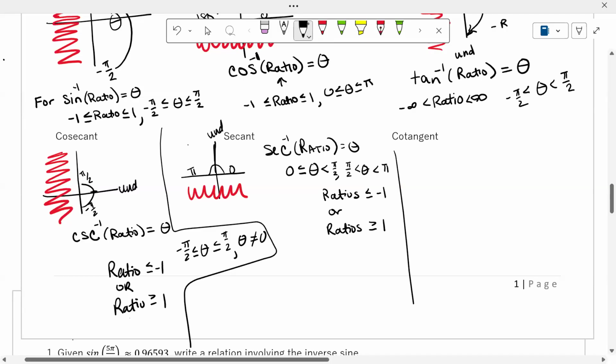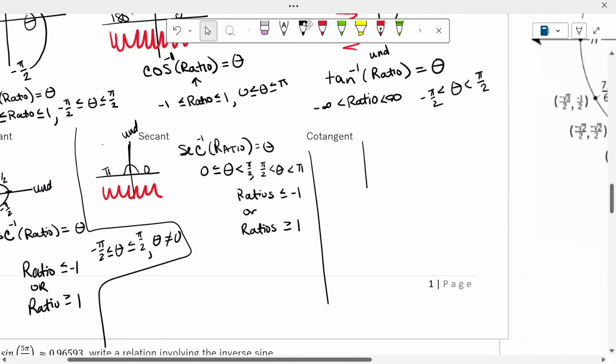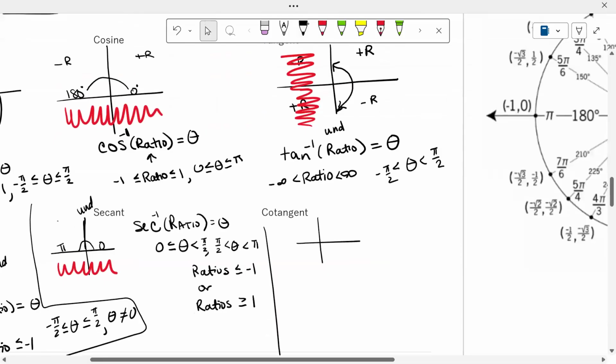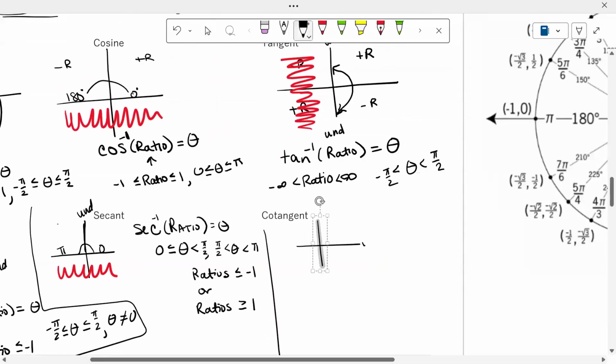Okay. Cotangent is interesting because cotangent has the undefines at 0 and at pi. Think about our graph of the other trig functions. Okay. So if we can avoid an asymptote, we will.